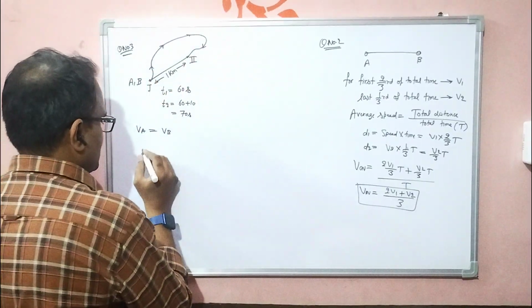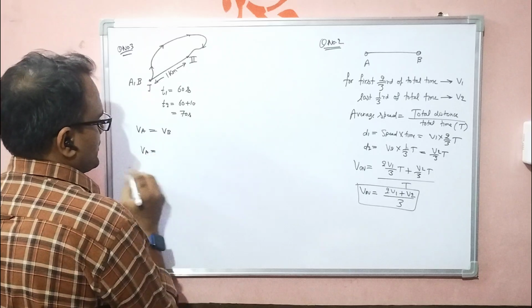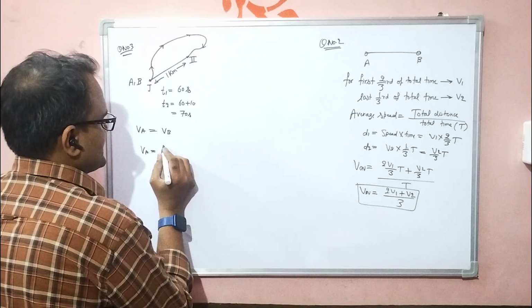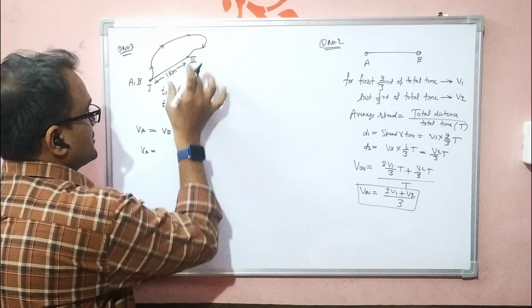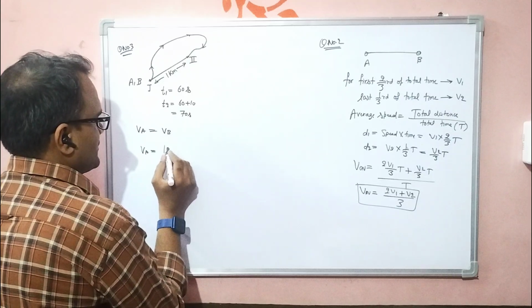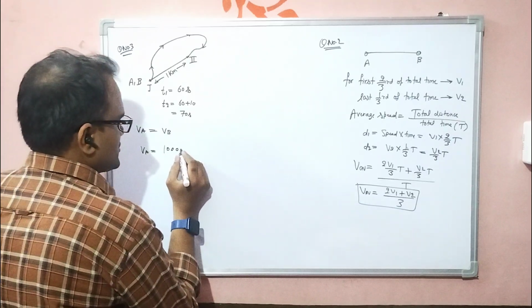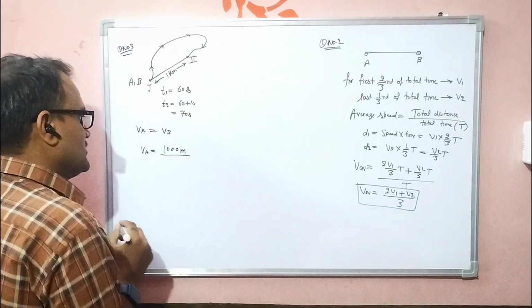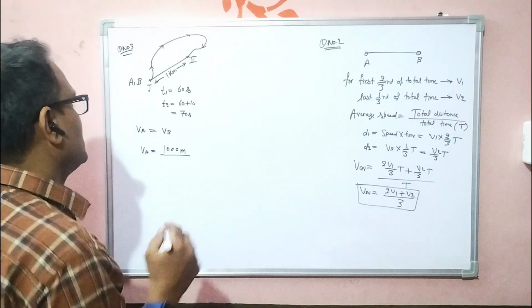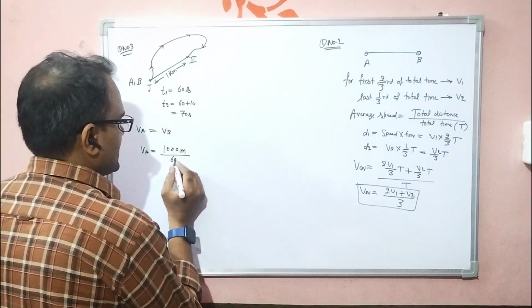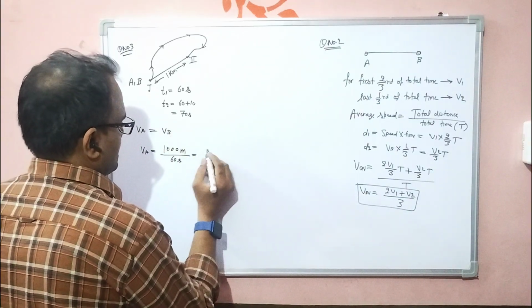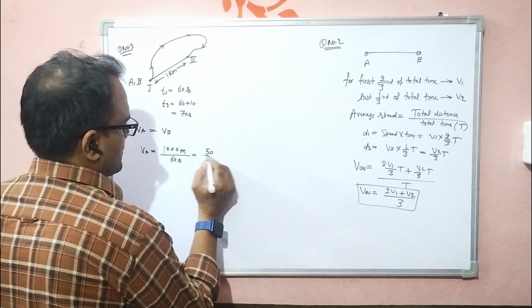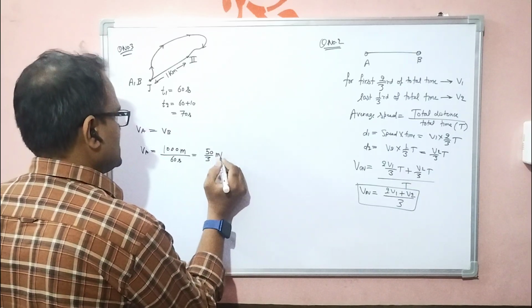So let's see. For this, VA is equal to total distance over time. What is the total distance? It is 1 kilometer. I will write this as 1000 meters, because we have to follow SI units. And the time is given, that is 60 seconds. So it will give me 50 over 3 meters per second.